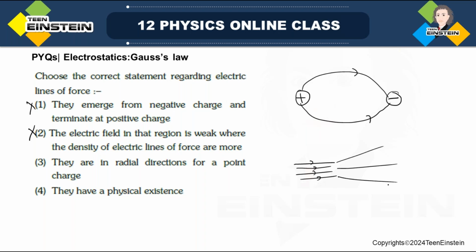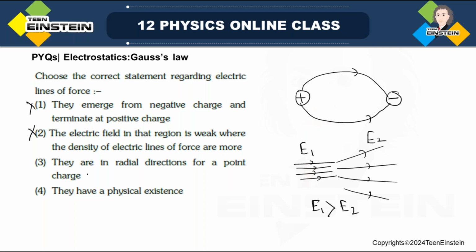Here the density of the electric field lines is less. So if the electric field strength is E1 here and E2 here, obviously E1 is greater than E2. So the electric field strength will be more when the density of the field lines is more.